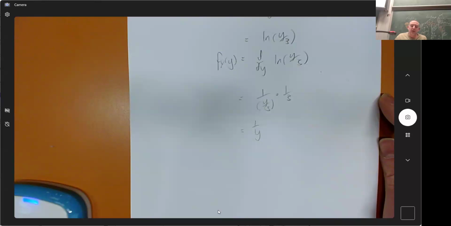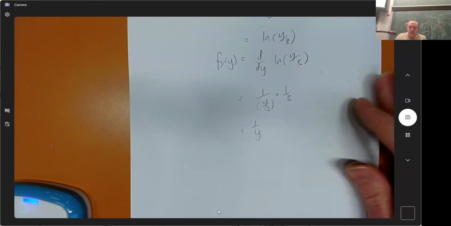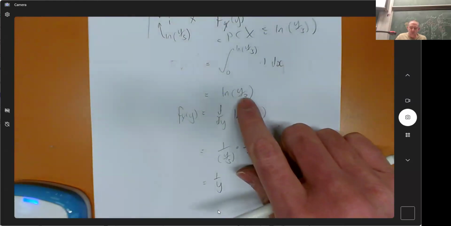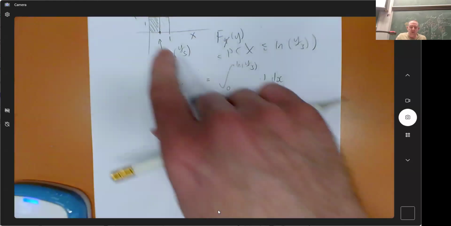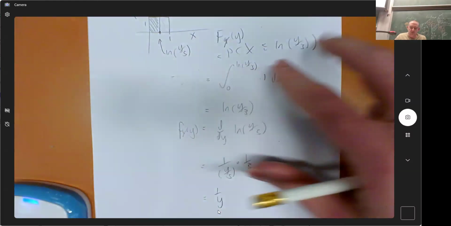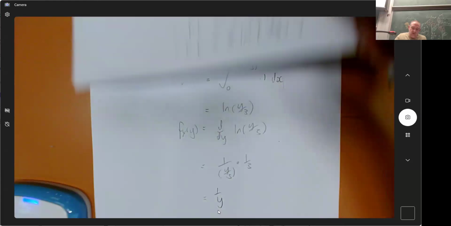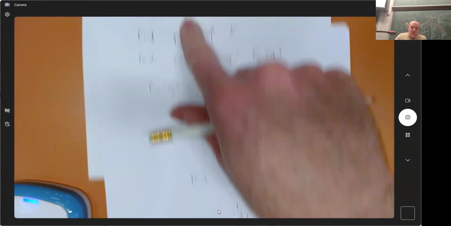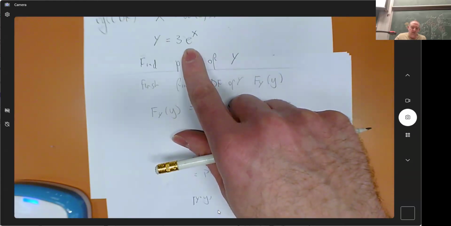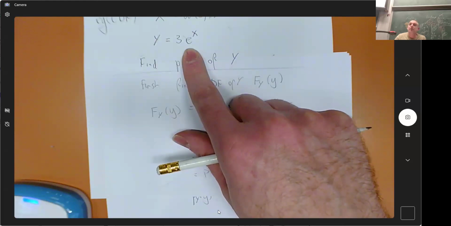I should probably be really careful about what values of y are possible. This will only be true if ln(y/3) is between 0 and 1, which comes out to y being between 3 and 3e.